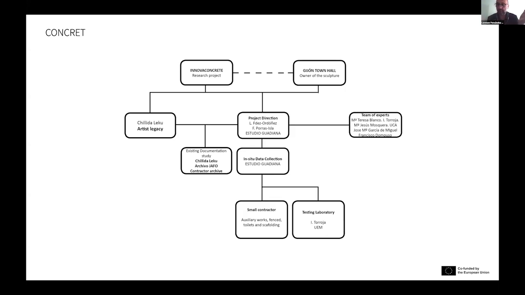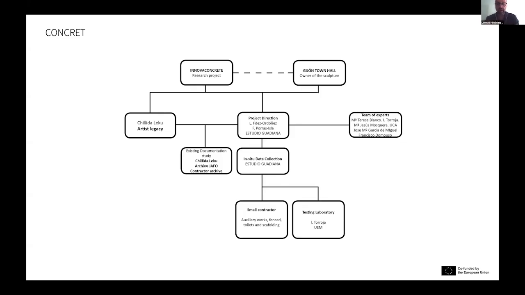Also, the legacy of the sculpture has a lot to say because the sculpture is losing the surface, but they try to keep its image and the legacy of the artist. Okay, so we have a lot of documentation.